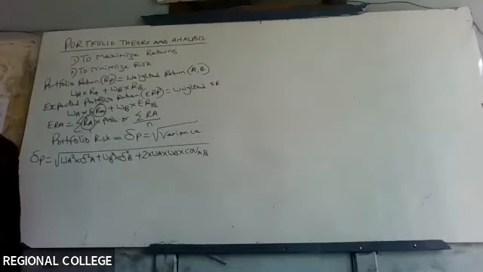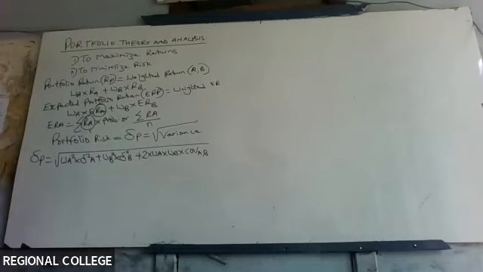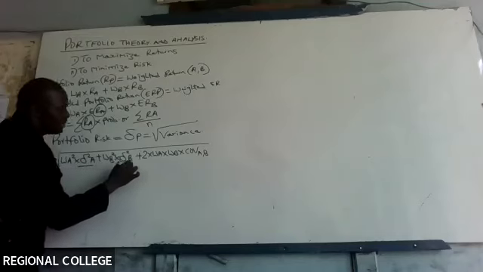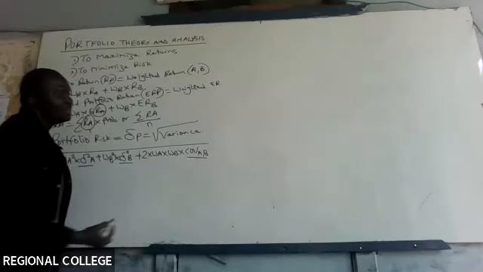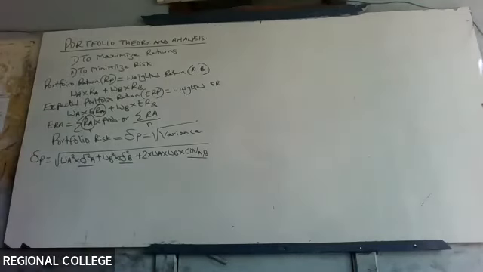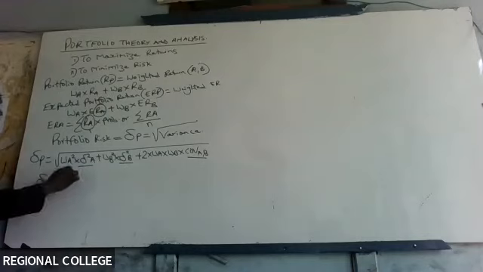Up and down again, we need to know how to calculate this, this, and this. So we know that the standard deviation of A equals the square root of the summation of returns of A minus what?